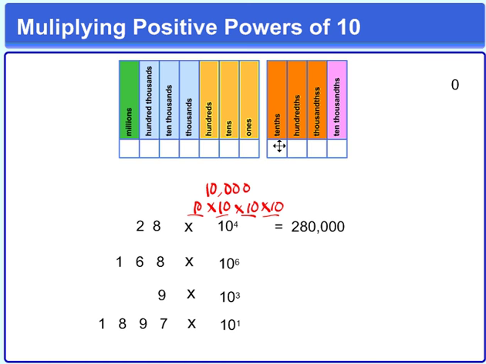Here we have 168 times 10 to the 6th power. The same thing. We're starting with 168 in its regular place, and we're doing it times 10 six times. 10 times bigger, 2, 3, 4, 5, 6. And we would fill in our zeros.